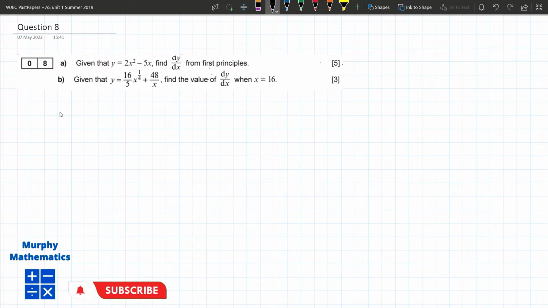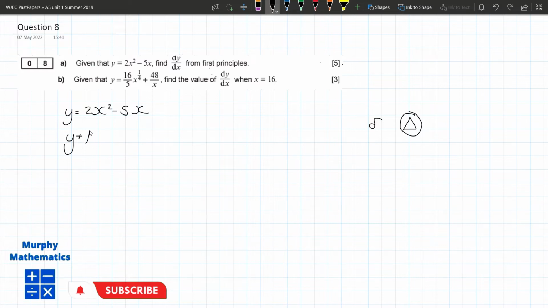So the way we do that is, first I'll write out our equation. So y equals 2x squared minus 5x. The first thing we're going to do, wherever we see a y or an x, we substitute y plus delta y for y and x plus delta x for x. A lot of people draw their deltas as squiggly lines, but I prefer to keep mine like a triangle, just so I won't get mixed up with other signs.